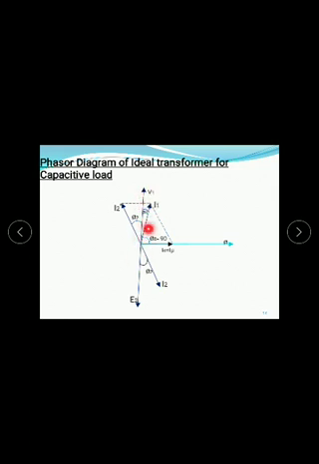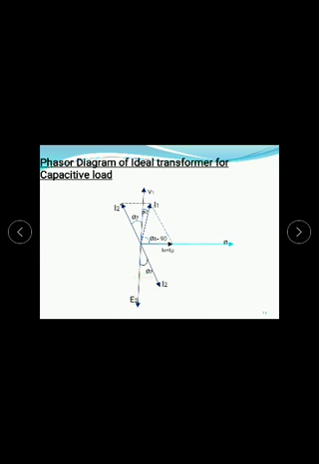This I1 is the vector sum of I2 dash and I0, which gives the I1. So the current is leading by phi2 degrees in capacitive load.